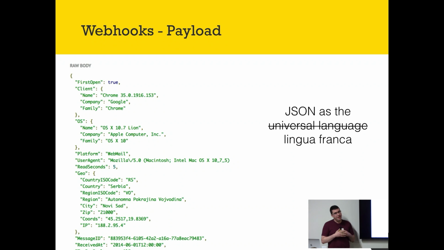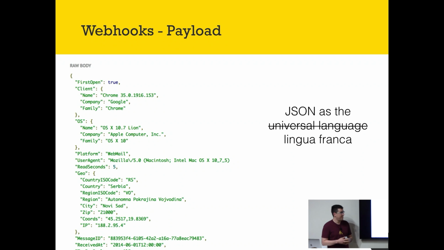All languages make it pretty easy to work with JSON, so that's what our webhooks use. Hopefully you'll be able to integrate with them really easily. You're not going to get fancy types or a schema to match against.